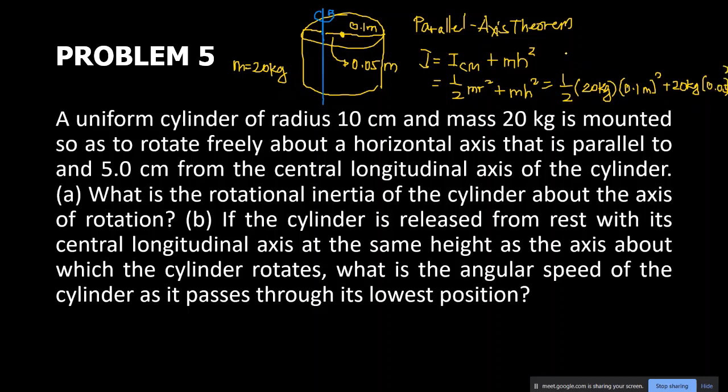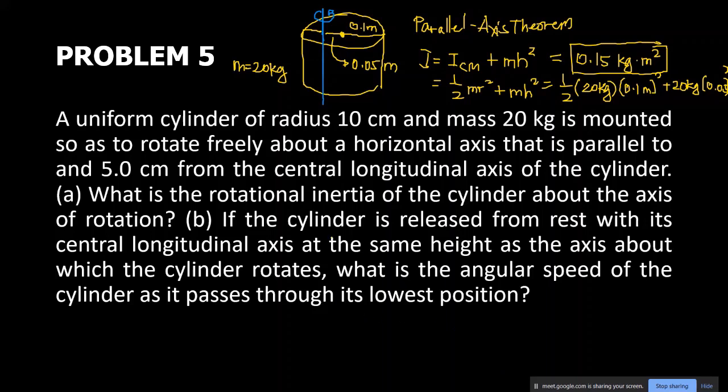And if we solve, I equals 0.15 kilogram meter squared. This is the moment of inertia about the Z axis, yung pag-ikot ng cylinder.